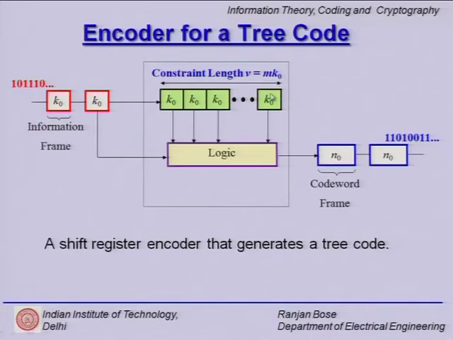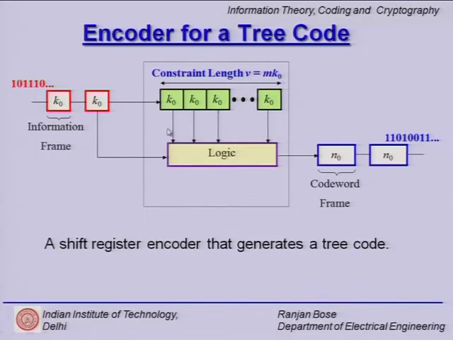So, it tells me how many previous information frames have been stored in the memory. An intuitive understanding tells us that the larger the constraint length, the stronger my code can be, because I am relying on more of the past information.